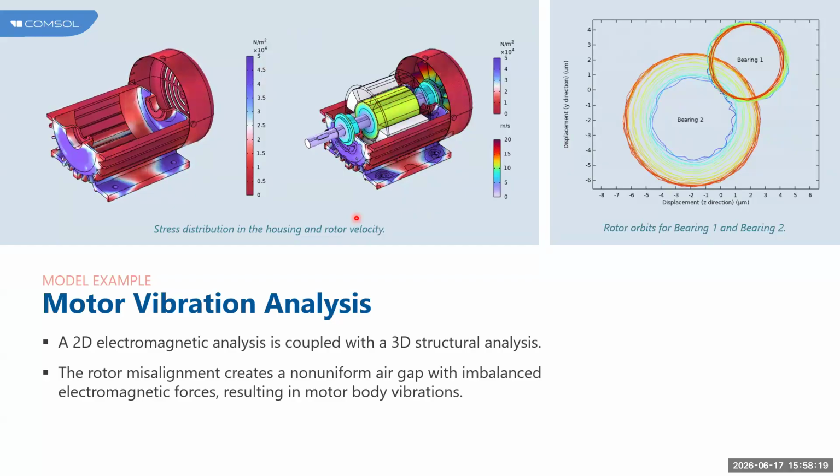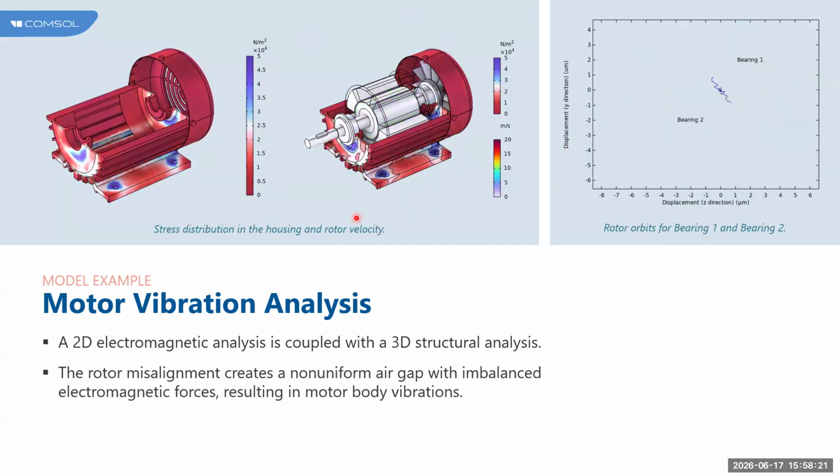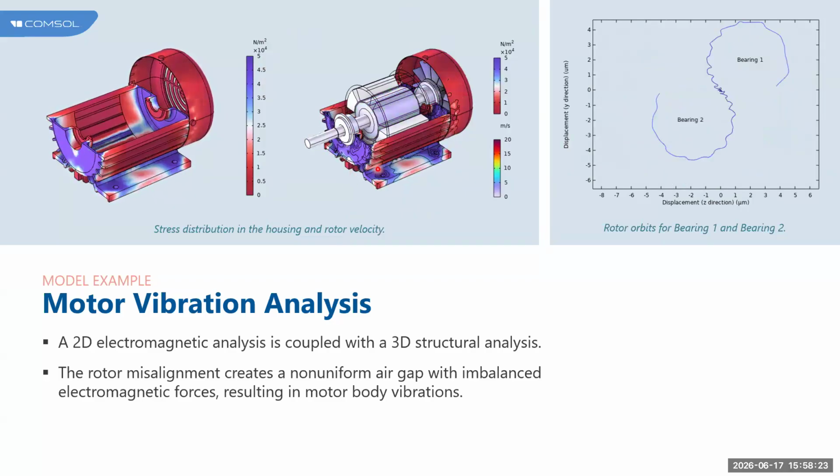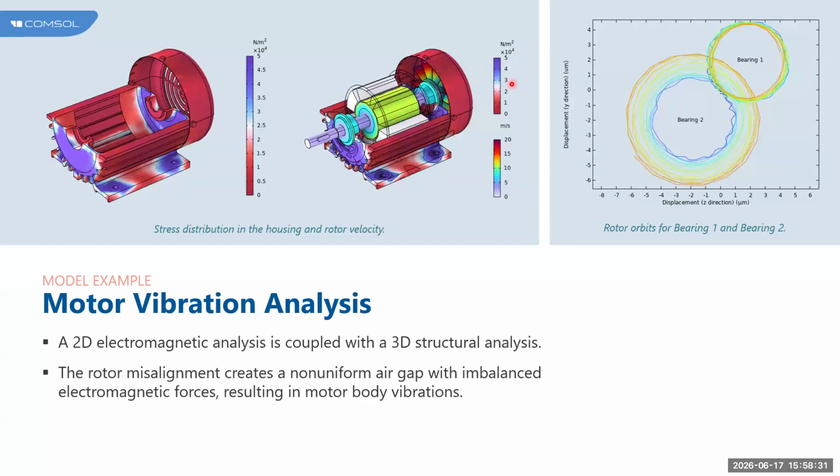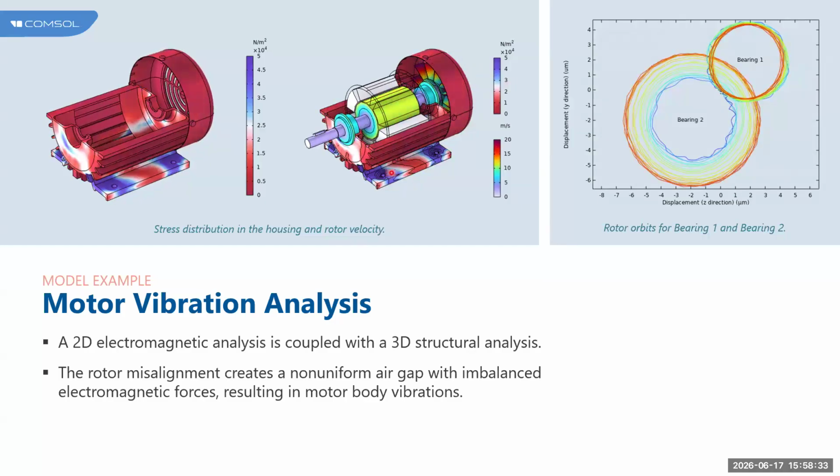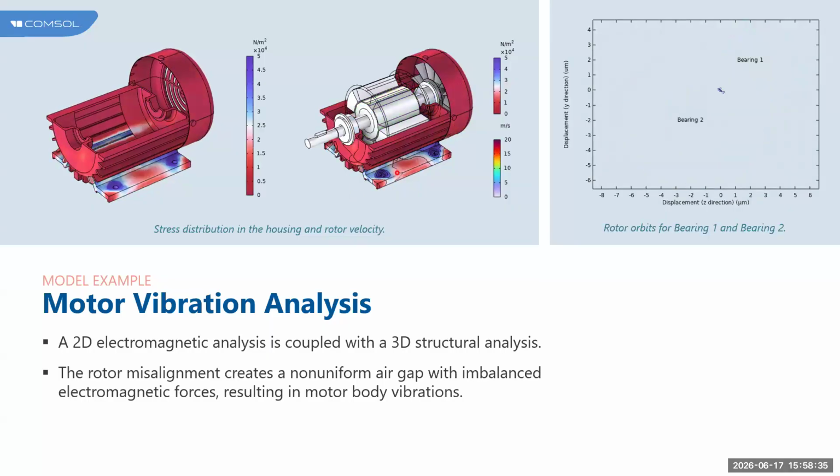COMSOL has the acoustic structure interaction multiphysics coupling. That assesses how the deformations of this structure displace the air outside, which generates the noise. The acoustic structure interaction automatically evaluates the radiated noise.